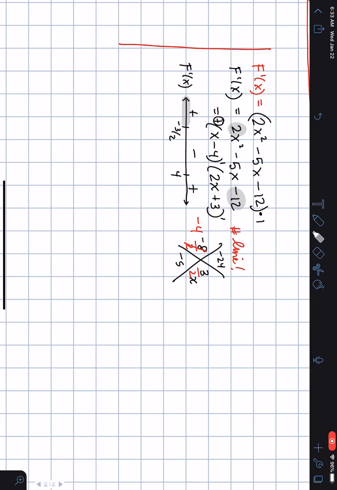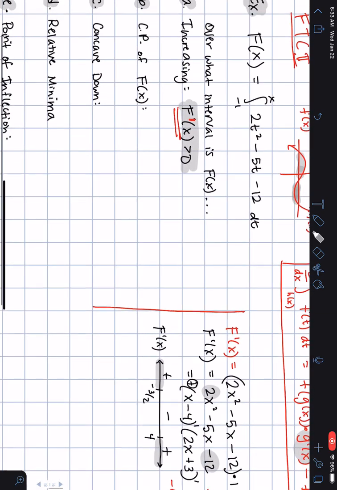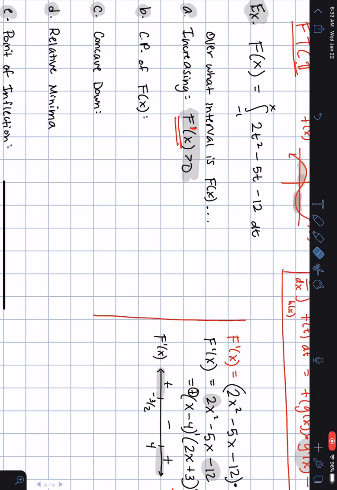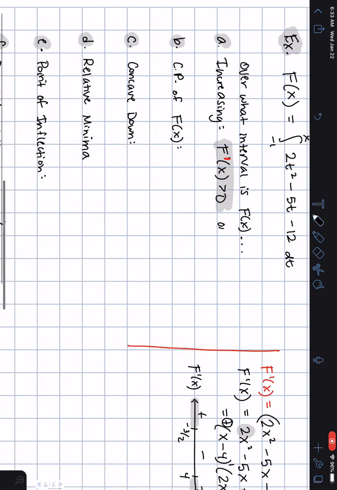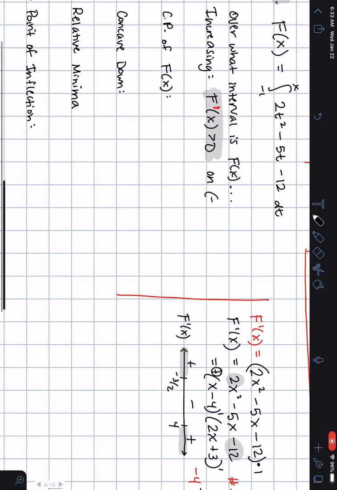Our answer will be this section here. So going into our answers, we would say on the interval from negative infinity to negative 3/2, and then from 4 until infinity. Sweet.